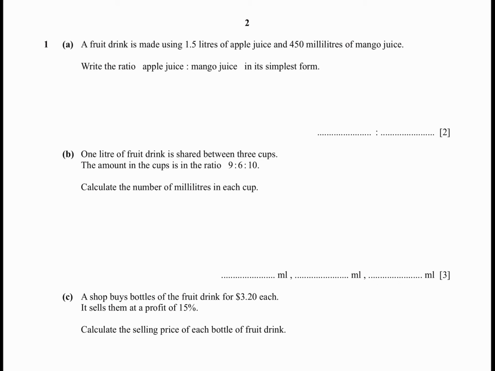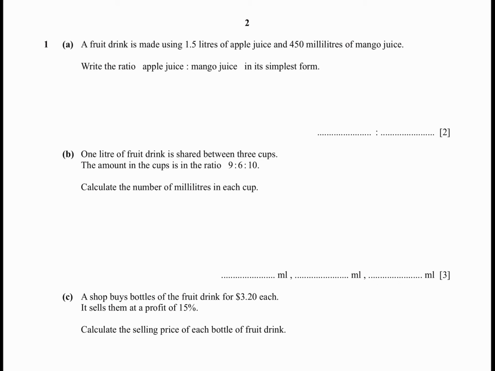So I have 1.5 liter and then 450 milliliter. Since the teacher says same unit, the milliliters must become liters or the liters become milliliters. So 1.5 and 450 won't work. So it's either you change the liters into milliliters or the milliliters to liters.